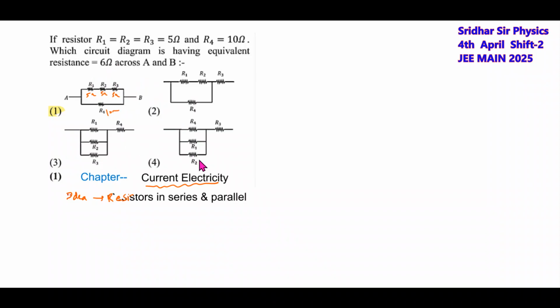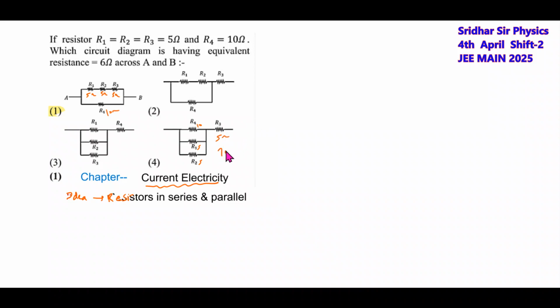Okay, we'll start from here. R1, R2, 5 ohm in parallel will be 5 by 2. 5 by 2 is in parallel with R3, the 5 ohm here. So this will be 5 by 2 and 10, so 10 into 5 by 2, that is 25 by 12.5, which is 2.